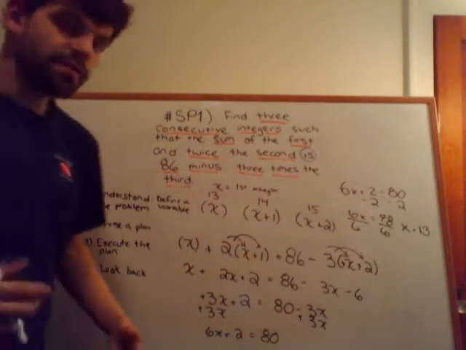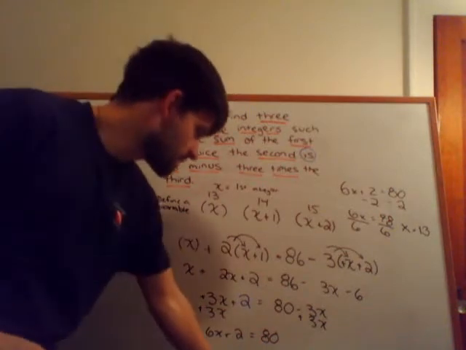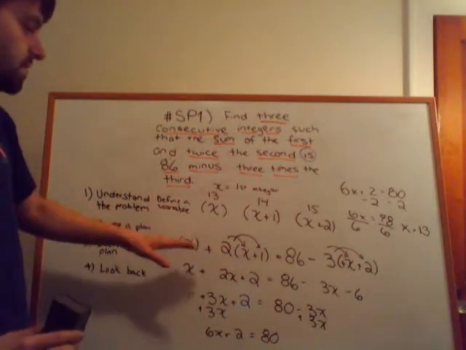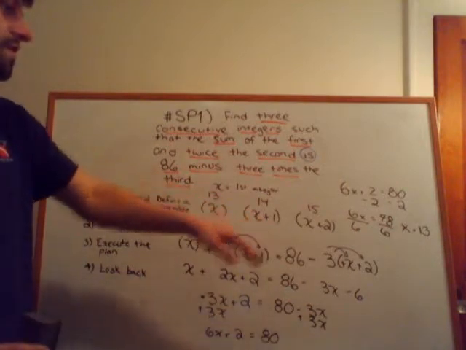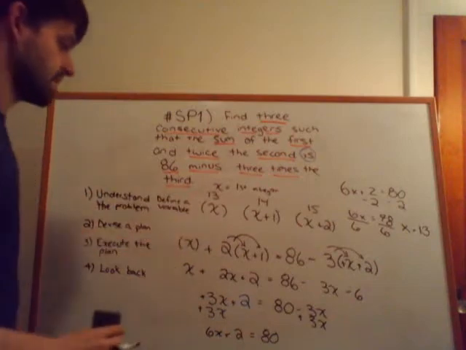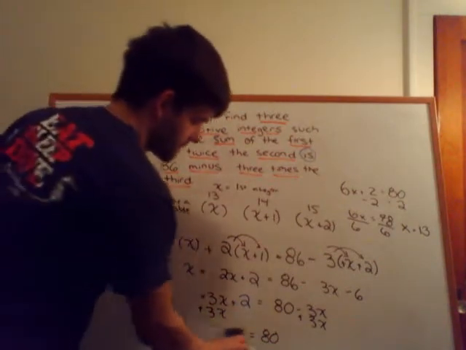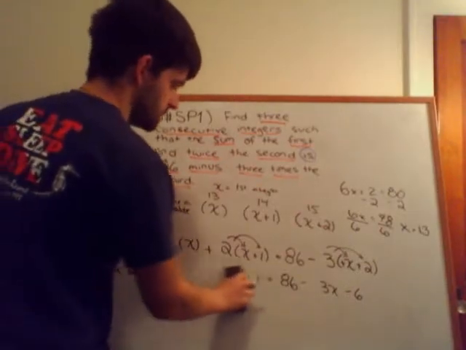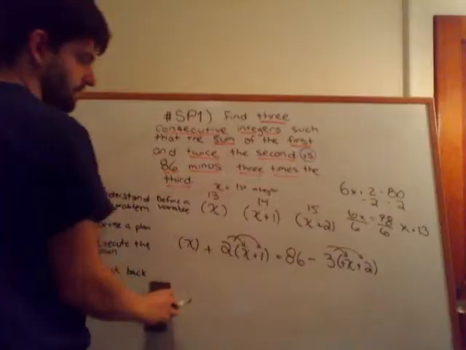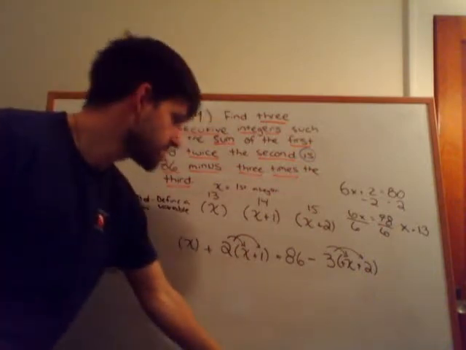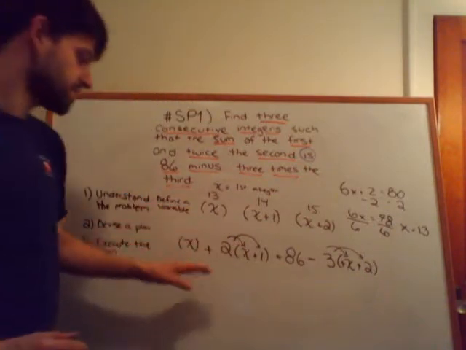Now, here's how we're going to check this. What we're going to do is we're going to take our first, second, and third integers consecutively, and we're going to plug them in for this equation. Okay, so I'm going to go ahead and erase this. And this is part of our fourth step. So we're going to look back and make sure that this equation works.